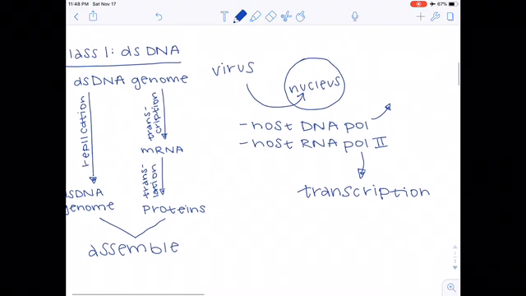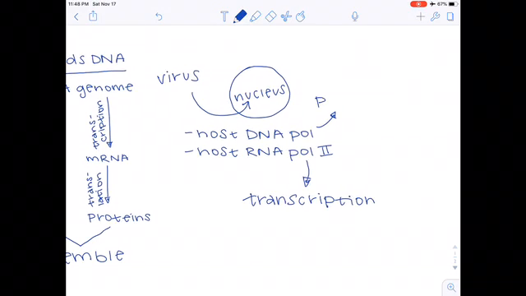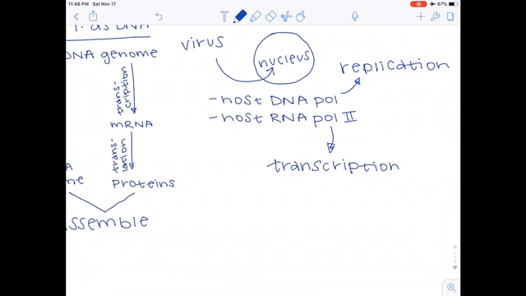Whereas DNA pol helps with replication. Alright, so this transcribes into mRNA, which is this step right here.